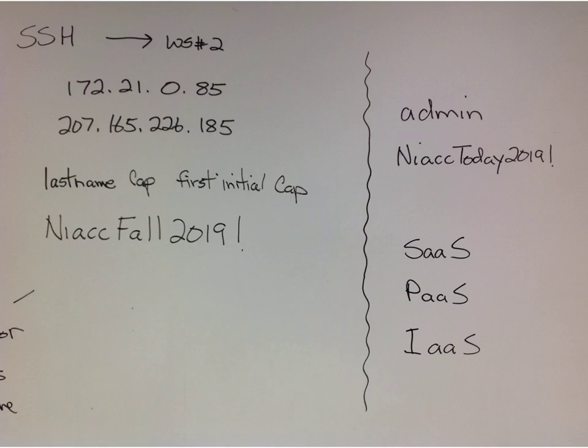We looked at SSH, work server 2. We practiced logging in to the work server: last name with a cap, first initial with a cap, and this is the password.